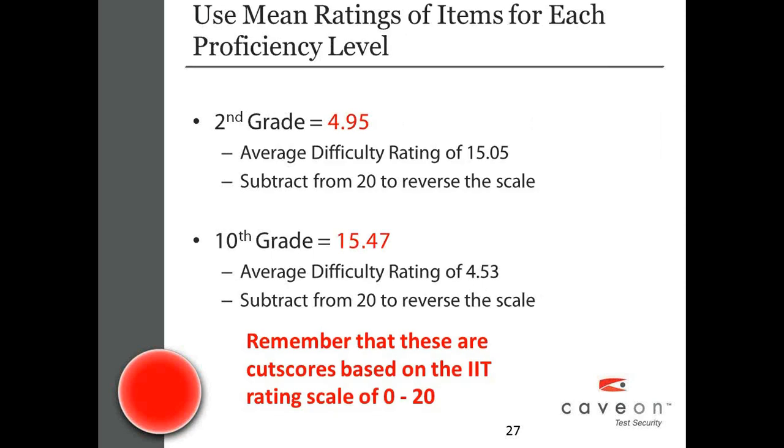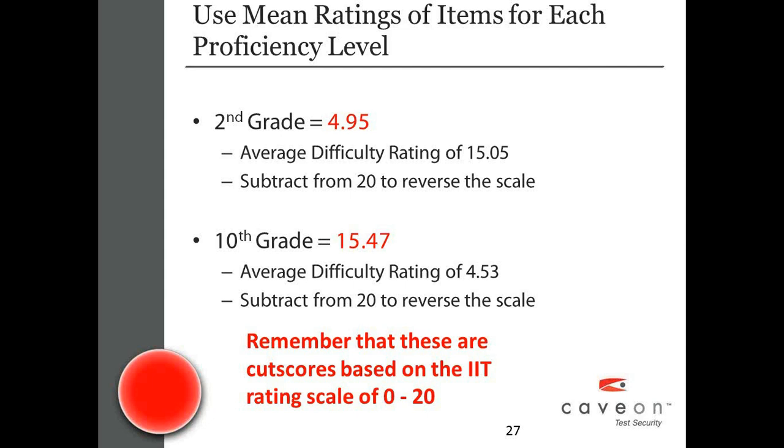So I'll show you one method that I thought seemed reasonable. The first step was to come up with a cut score based on simply the ratings. So here's how I did it. For second grade, I came up with a cut score of 4.95. How I did that is I took the average difficulty rating of the items, the 3 items in this case, which was 15.05 for the second grade.